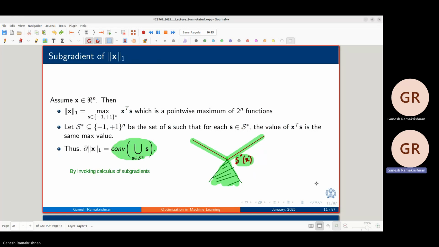His question, let me clarify here: what if X had minus 6 here, 0, whatever, and 6? Let's say this was a simple vector. Is that your question? Minus 6, 0, 6.